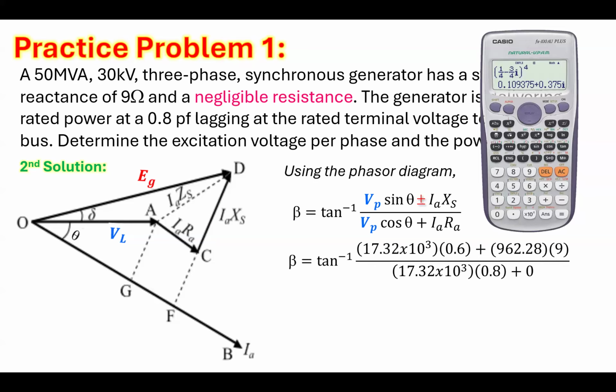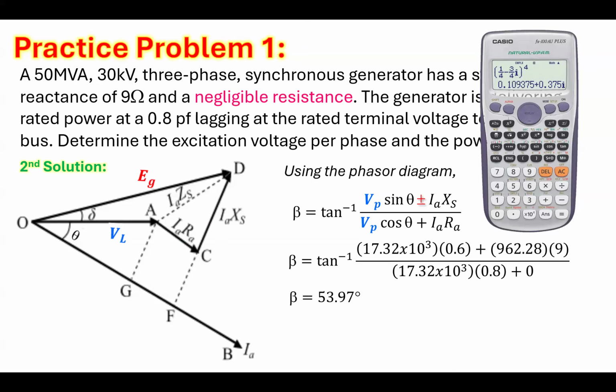So that is arc tangent of (17.32 times 10 to the 3 multiplied by 0.6 plus 962.28 multiplied by 9) all over (17.32 times 10 to the 3 multiplied by 0.8 plus 0). So beta is equal to 53.97 degrees.